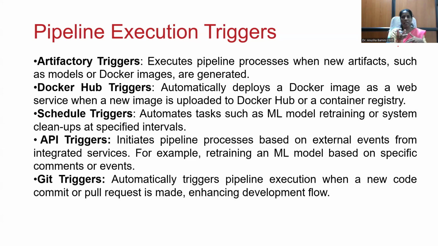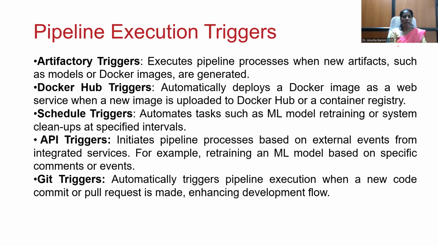Artifacts, as I already said, means input as well as output. An artifactory trigger executes the pipeline process when new artifacts such as models or Docker images are generated. If there is a change in the input data set or in the Docker image, that is called an artifactory trigger. It will trigger the CI/CD pipeline if there is a change in the Docker image.